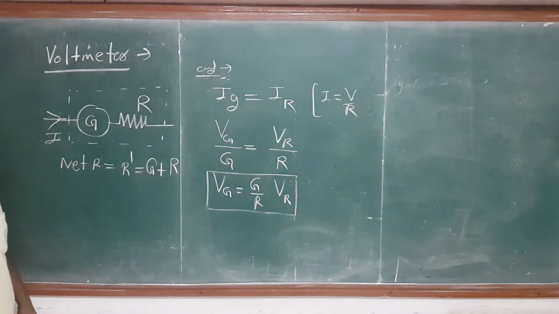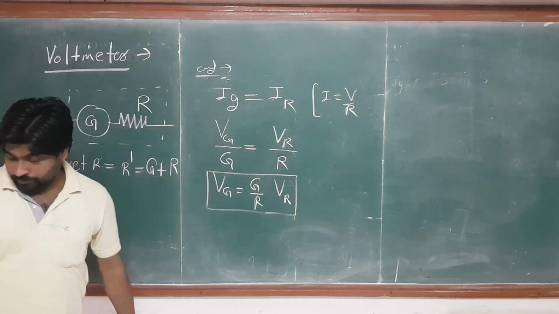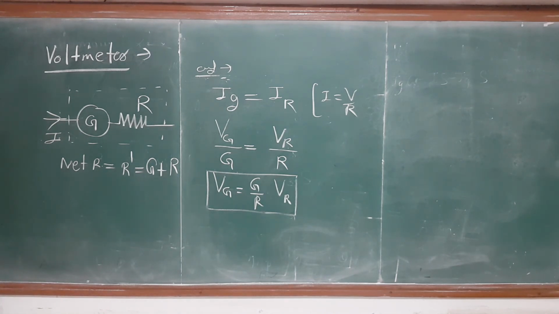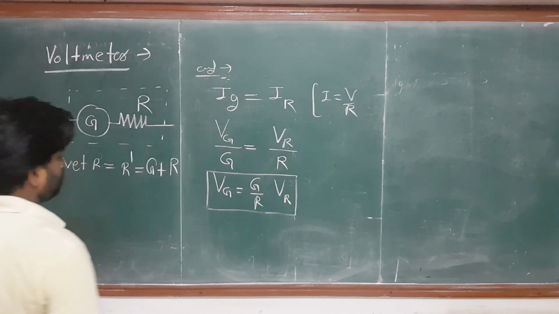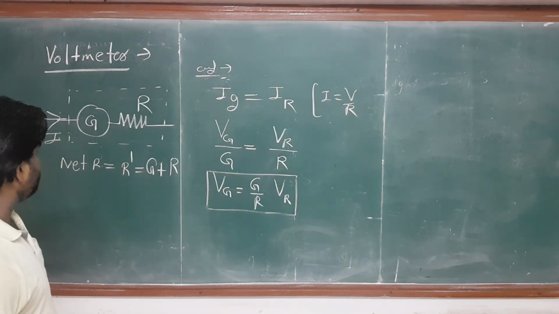Okay, note it down please. Right, and if you want to calculate the galvanometer's current, then Ig you can find from anywhere.